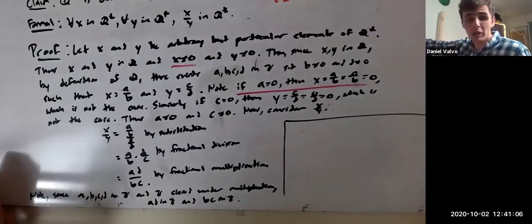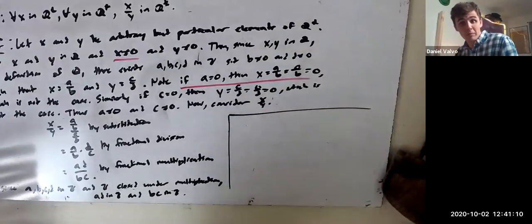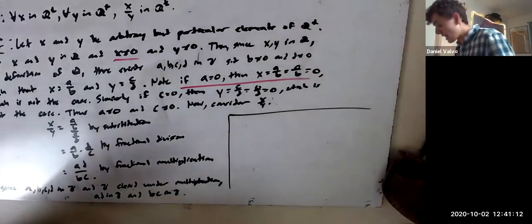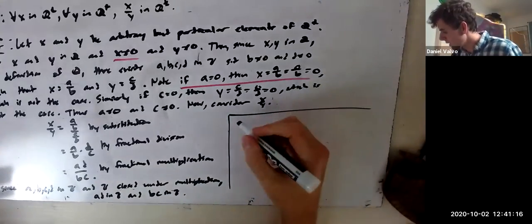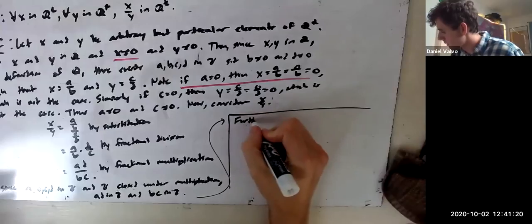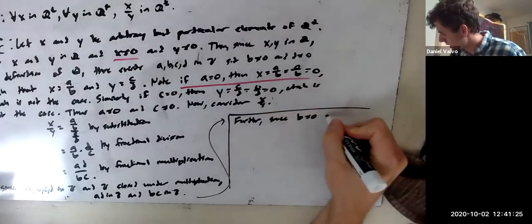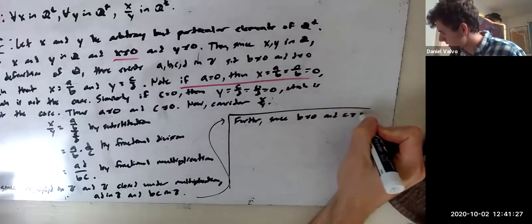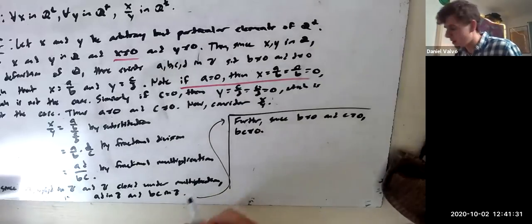So to be a rational number, all we have to prove is that AD over BC is such that the denominator BC is non-zero. Because otherwise we get undefined, that's no good. So this is going to go up here. Further, since B does not equal 0 and C does not equal 0, BC is not equal to 0.